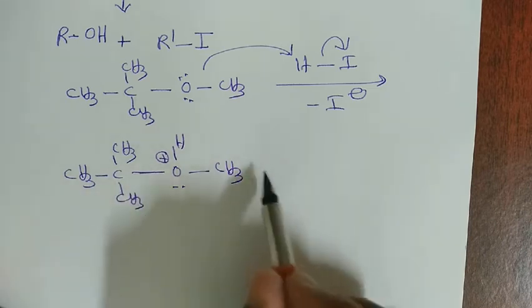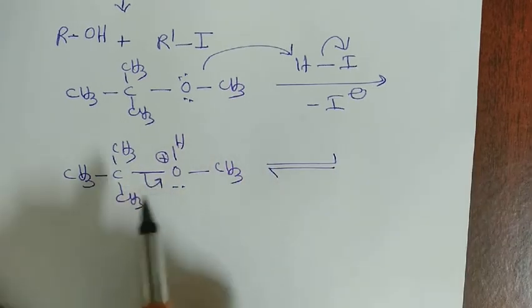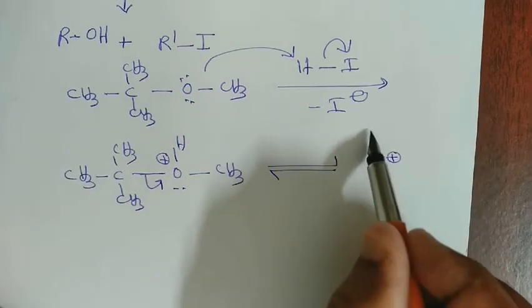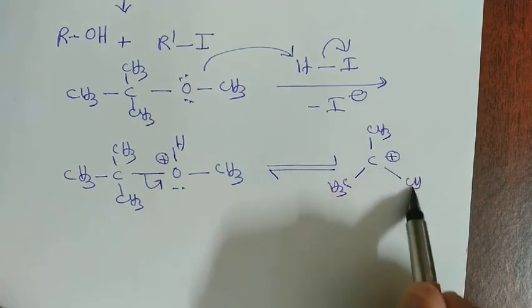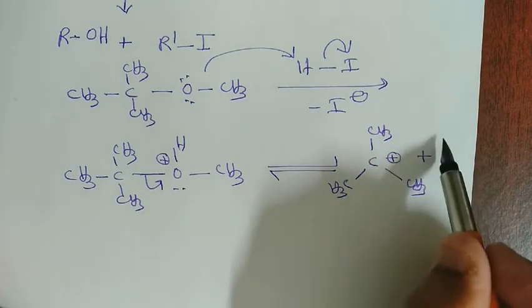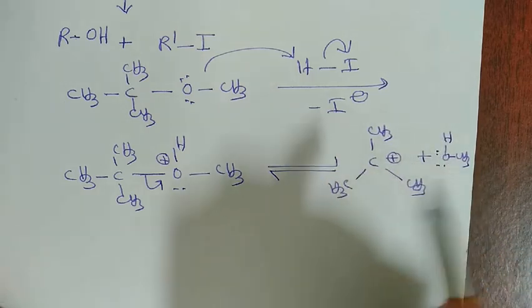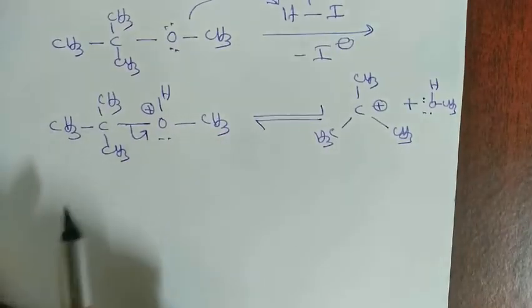This protonated ether undergoes dissociation to form tertiary butyl carbocation and methanol. This is the first step of the SN1 reaction.